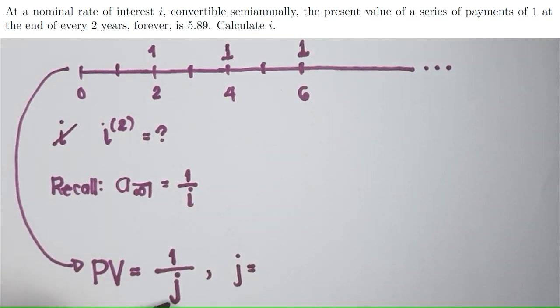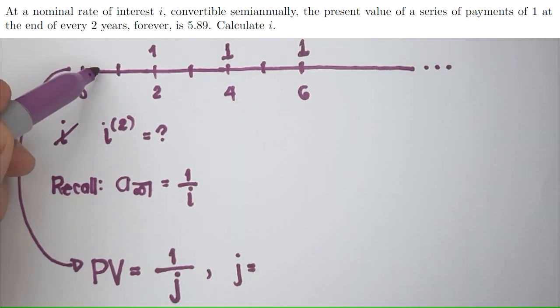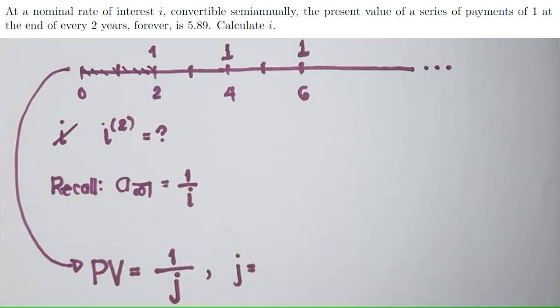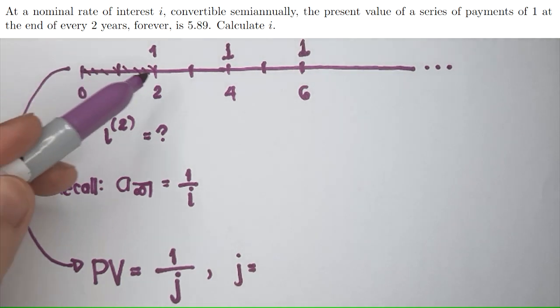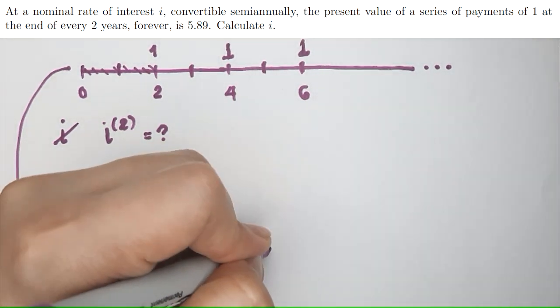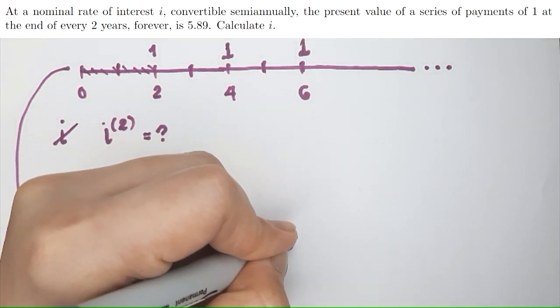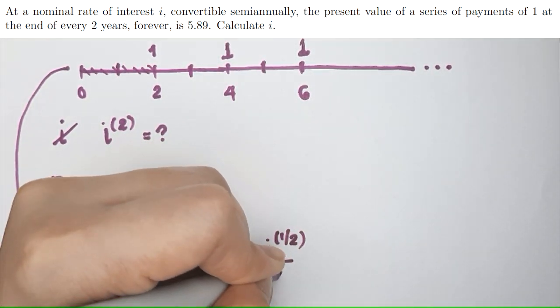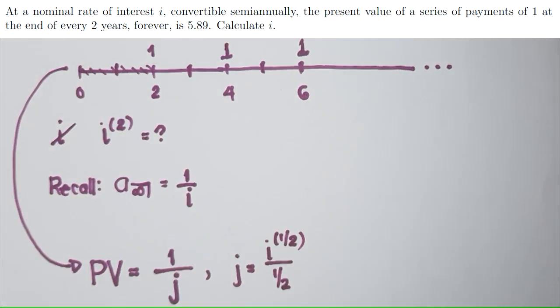This should be the effective rate of interest per what? Per 2-year period, because the payments are every 2 years. So, j is equal to (1 plus i upper 1/2 over 1/2) raised to 1/2.